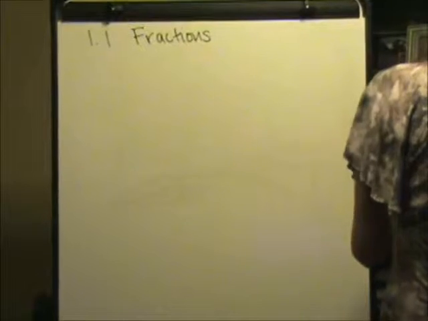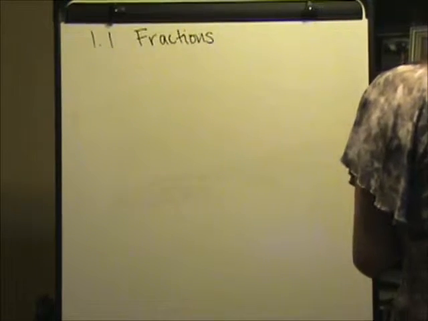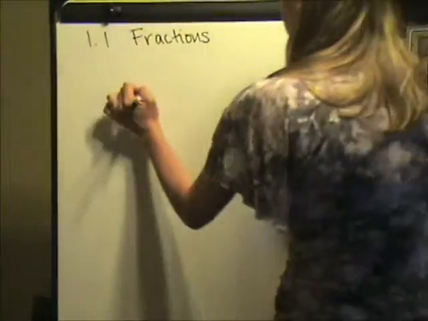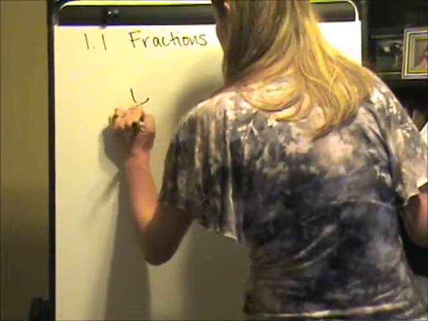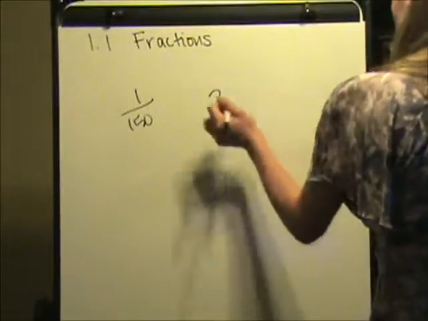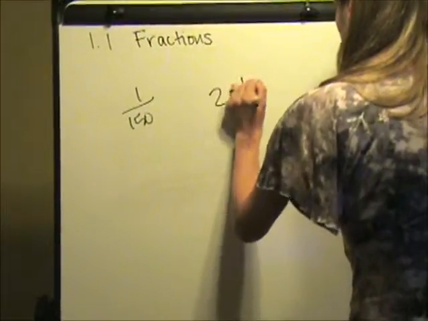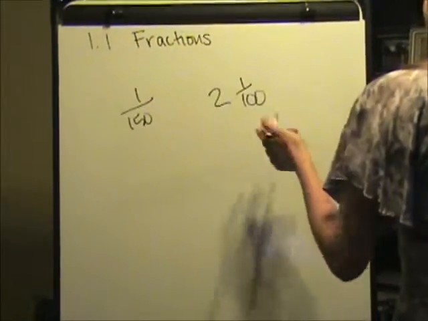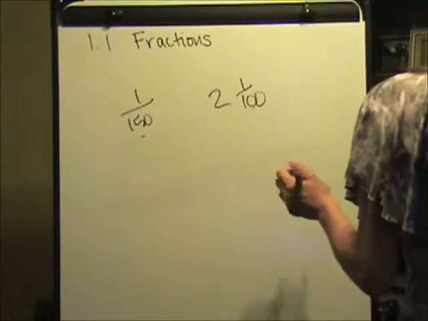Let's take a look at number 24. Which dose contains the largest amount of medication? A tablet containing 1/150th of a grain, or 2 tablets containing 1/100th of a grain. Okay, so knowing what we know about denominators, the smaller the denominator, the larger the value.